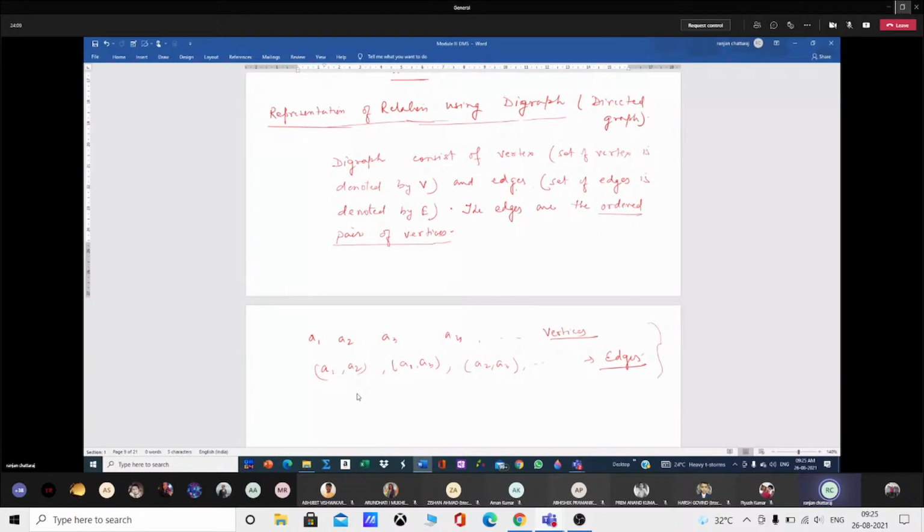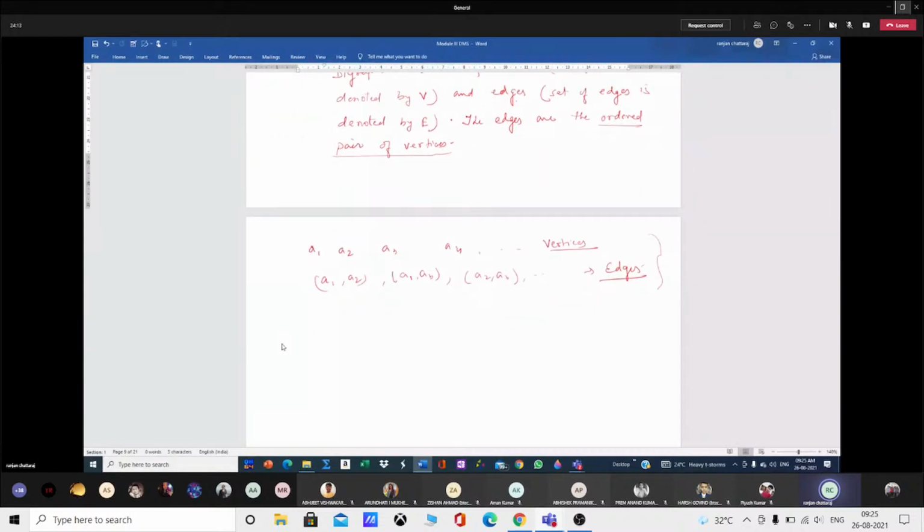Come to an example. Suppose A is equal to {A, B, C, D}, and suppose we consider the relation R equal to {AA, BB, AD, CD, DC}, and suppose AC is also there.